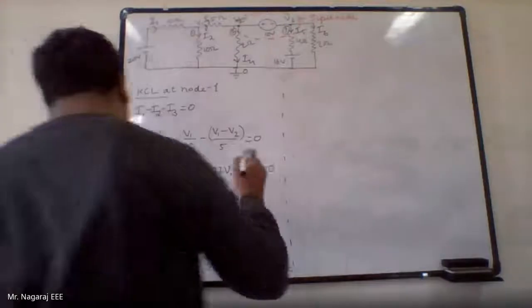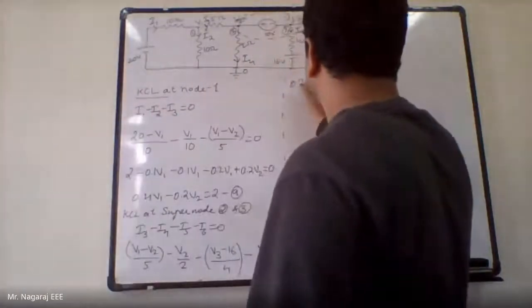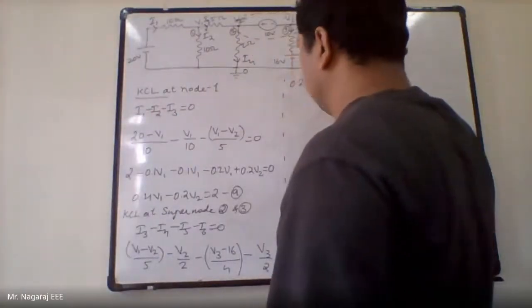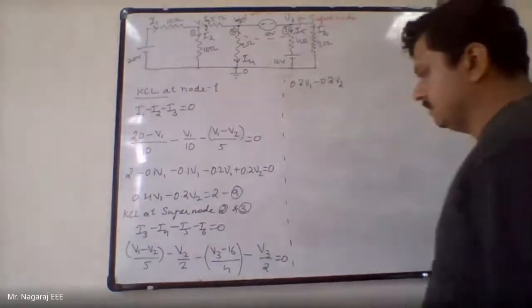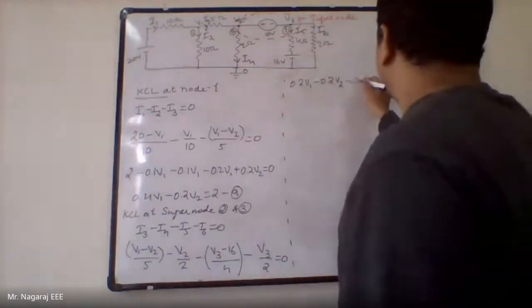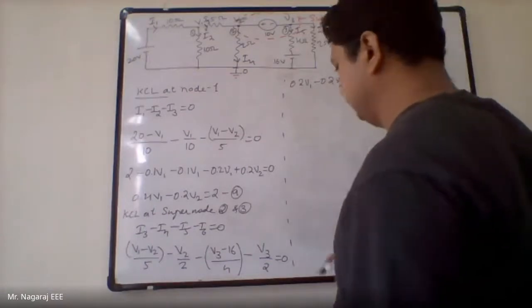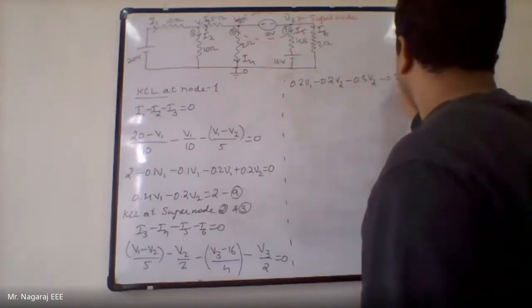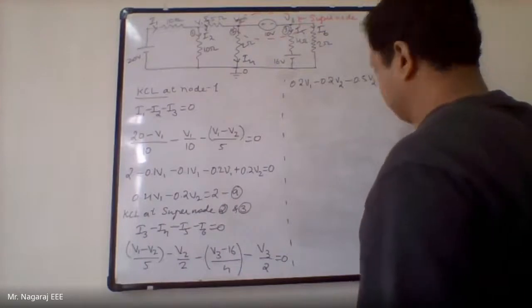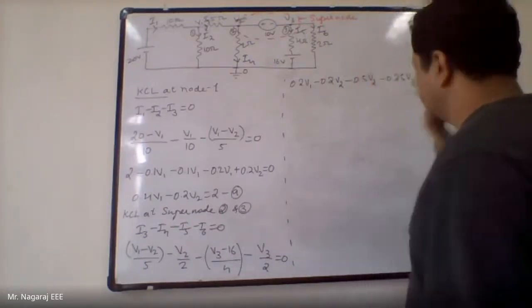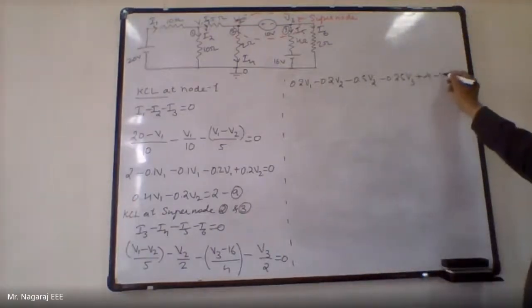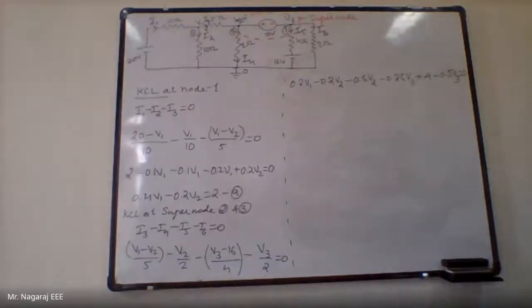Simplify. 0.2 V1 minus 0.2 V2 minus 0.5 V2 minus 0.25 V3 plus 16 by 4, which is 4, minus 0.5 V3 equals 0.